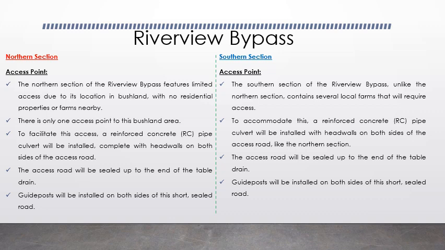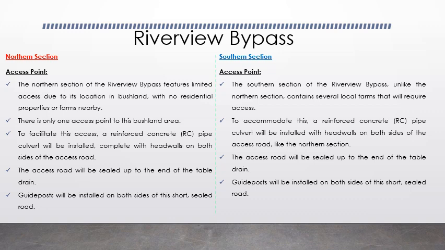Now I will discuss the access point for the Riverview bypass, focusing on both the northern and southern section. Starting with the northern section, this area is characterized by its bushland setting and lack of nearby residential properties or farms. Due to its remote location, there is only a single access point.